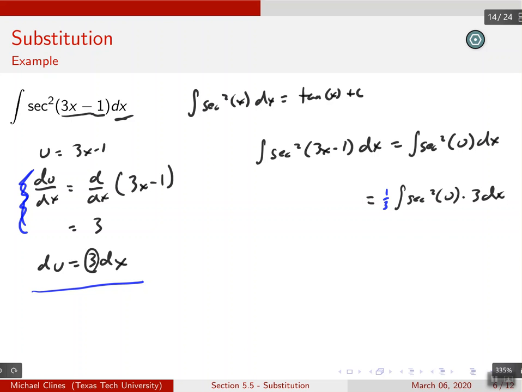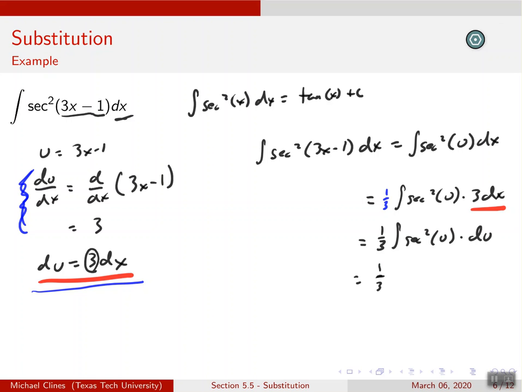Now, we have 1/3 times the integral of secant squared of u times 3 dx. This is just equal to 1/3 times the integral of secant squared of u times du, since 3 dx is just du. And now from here, we get 1/3 times the integral of secant squared of u with respect to u.